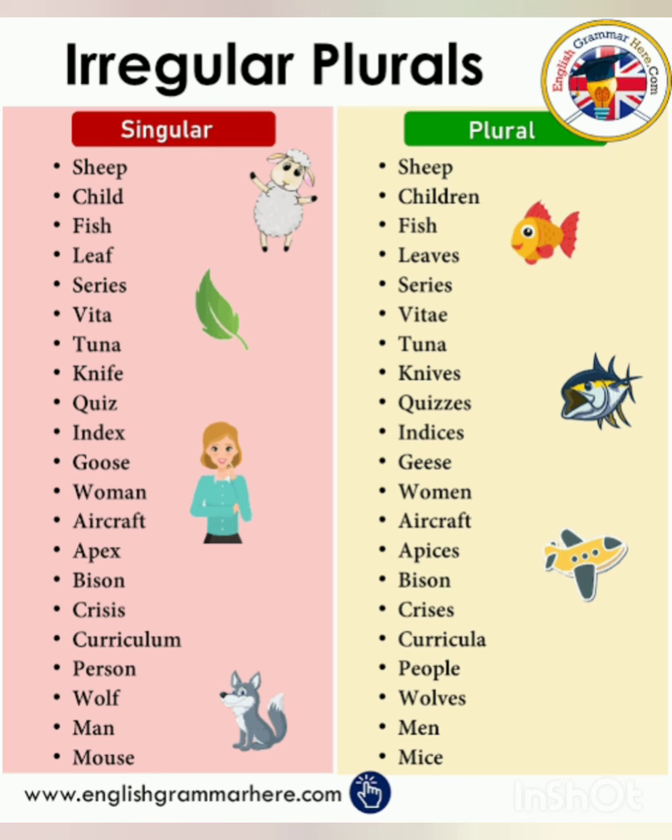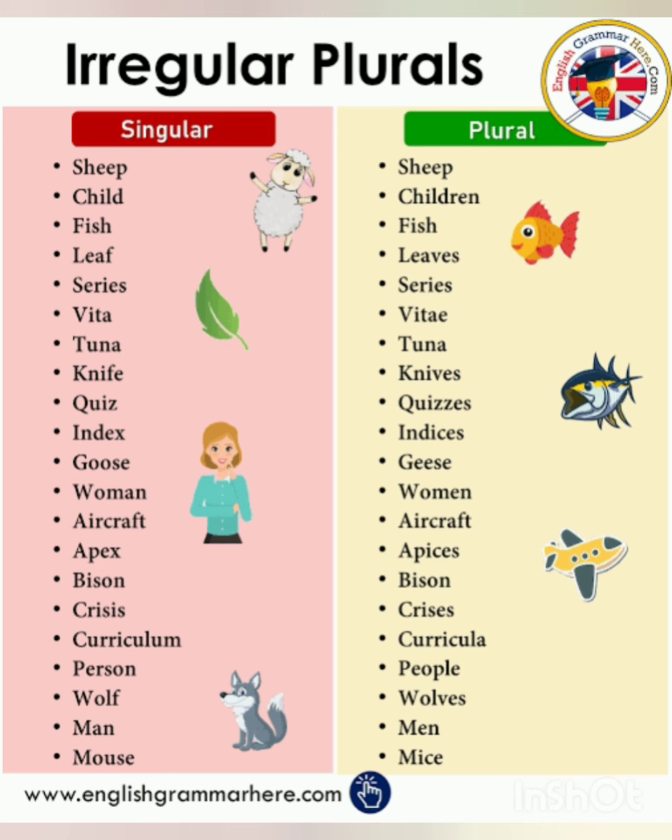Then there are some irregular plurals. These are plurals which do not normally add s or es. They have a different plural. For example, sheep. Its singular is sheep and its plural is also sheep. Similarly, fish and fish. Another example is child and children.